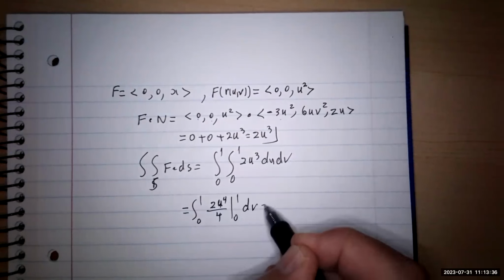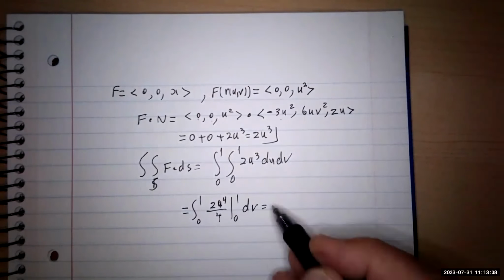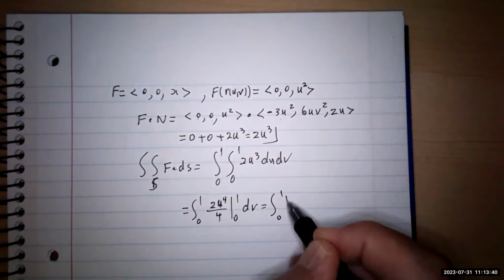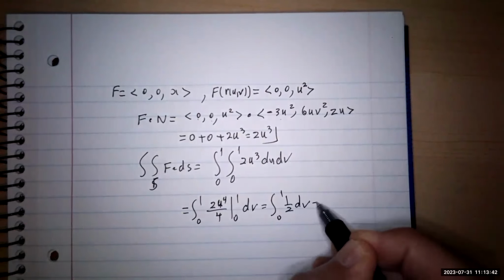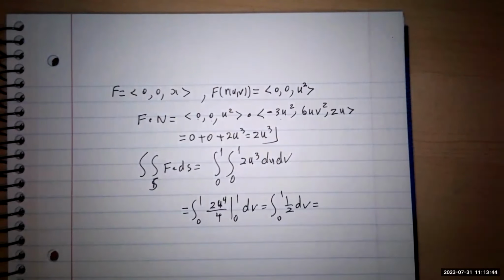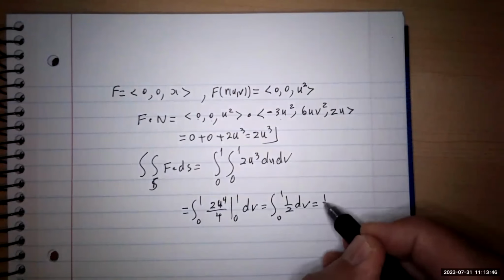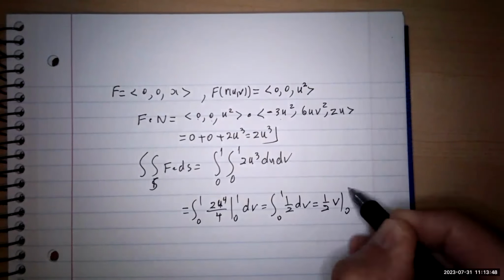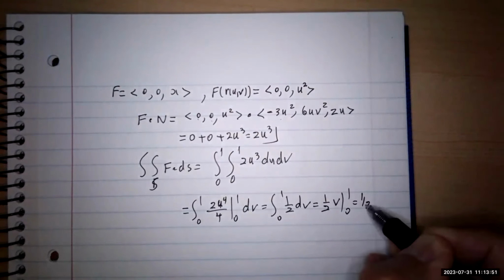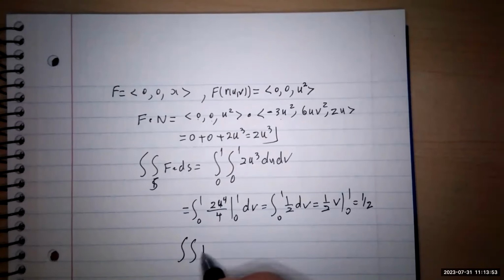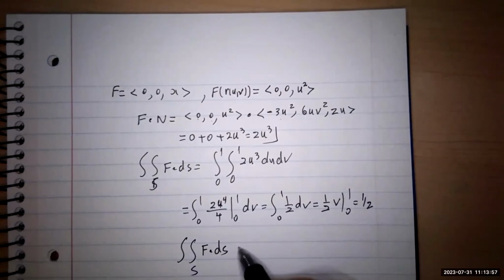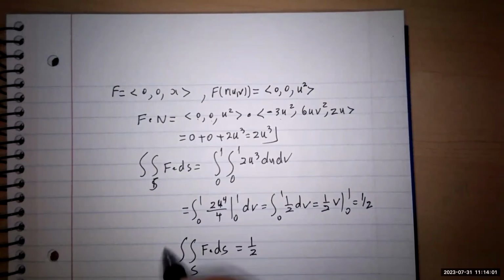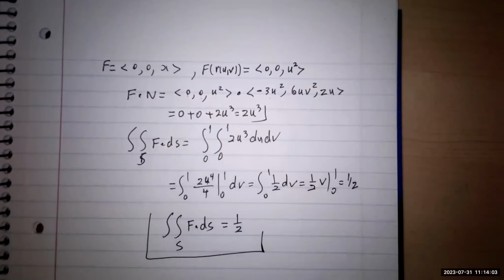Then the integral of 1/2 dv from 0 to 1 is 1/2. So the surface integral is equal to 1/2, and you're done.